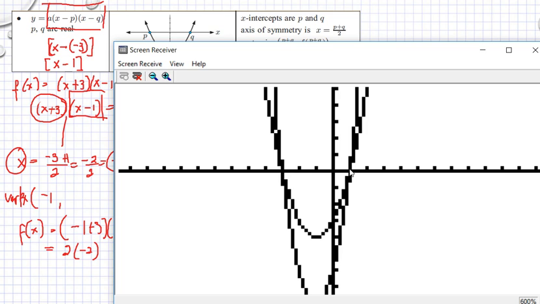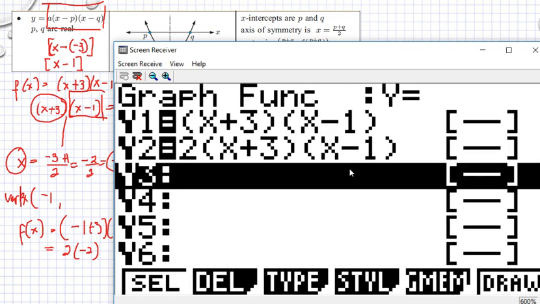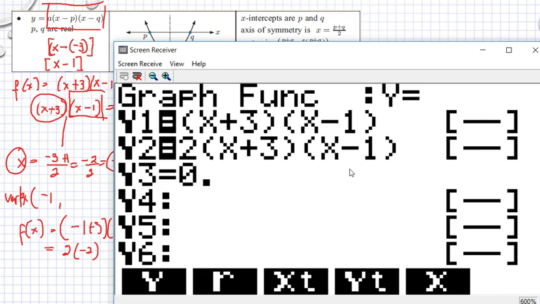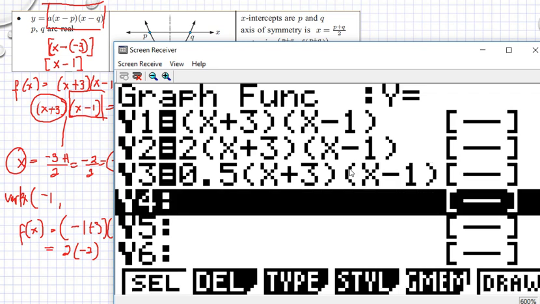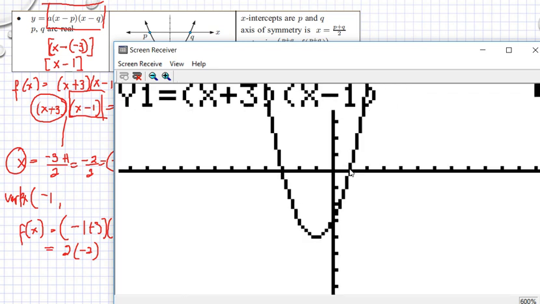Let's see if I do 0.5 times x plus 3 multiplied by x minus 1. Then we will draw that.